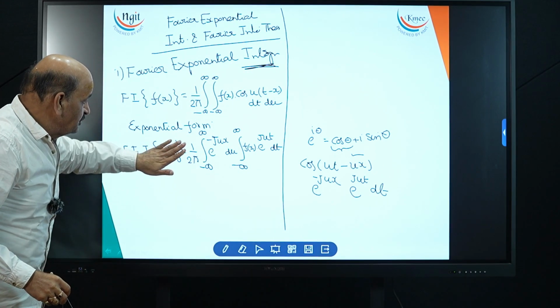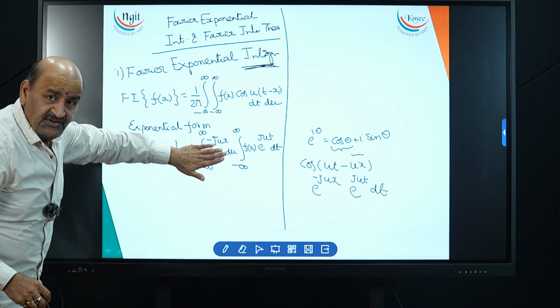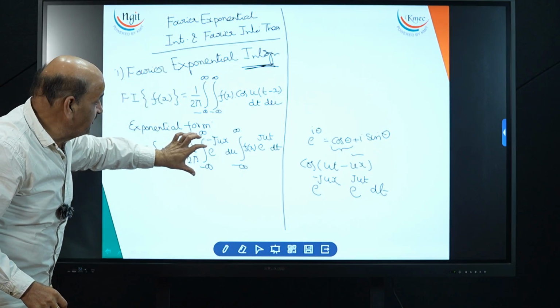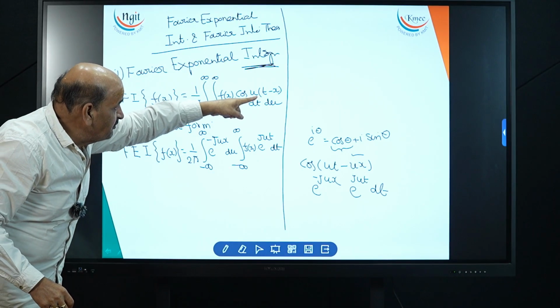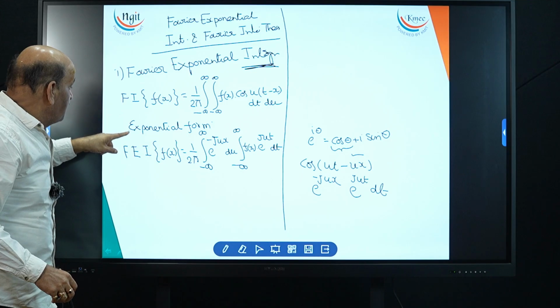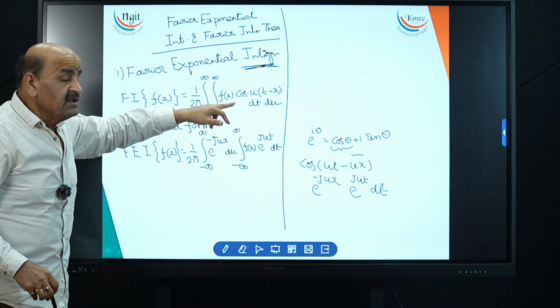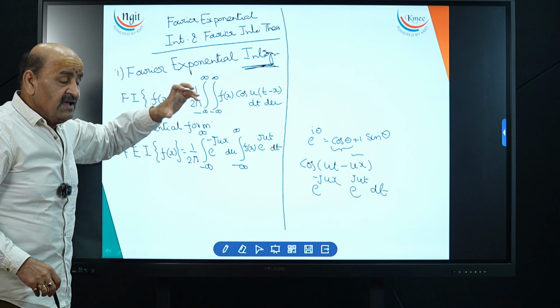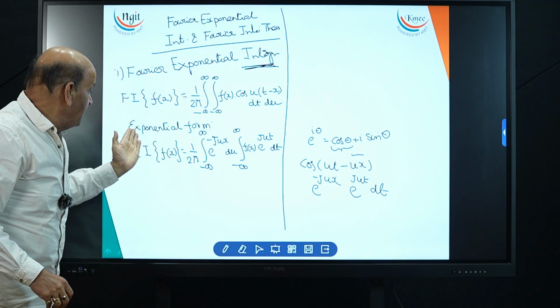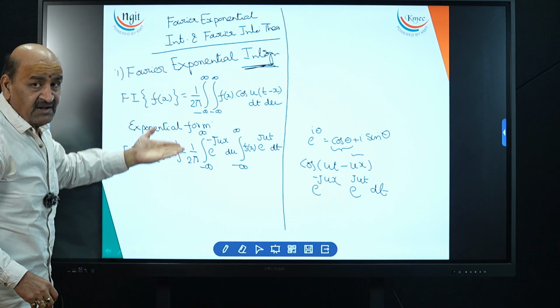Now just look at the two integrals. There is no change in the basic structure. The constant 1 by 2 pi has no change. But here it is splitting into exponential format only. Fourier exponential means that instead of writing the cos term, we express the cos term in exponential format. That is called the exponential form of the Fourier integral.